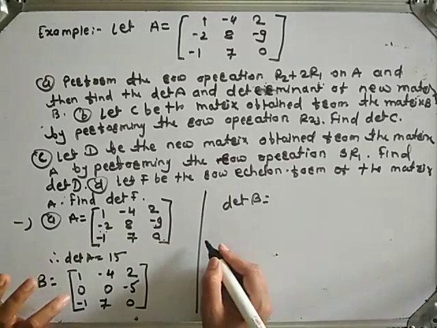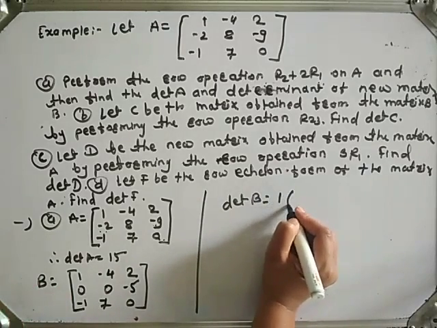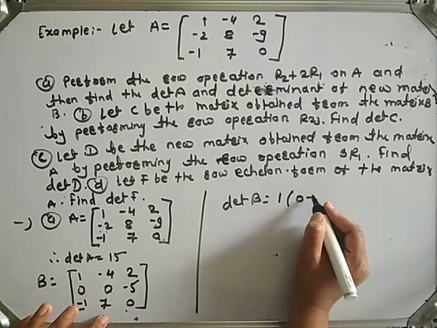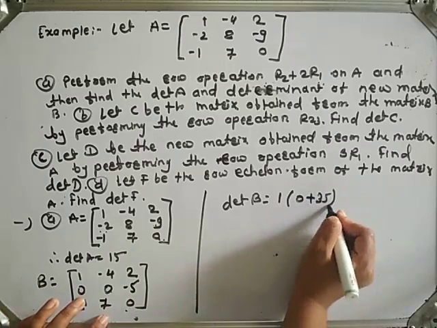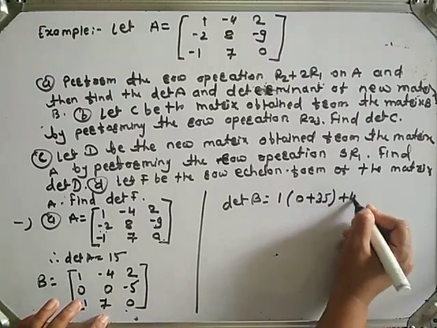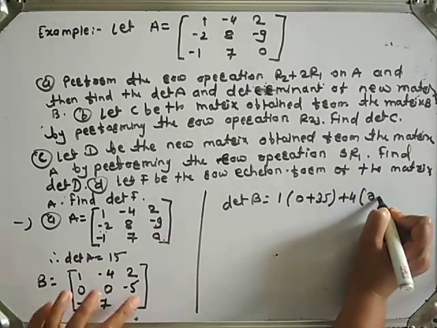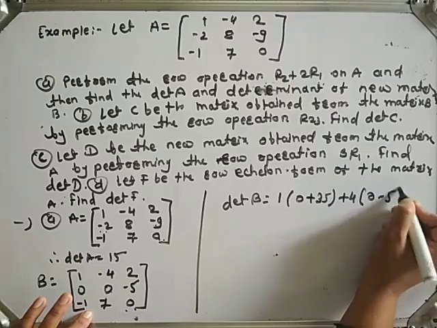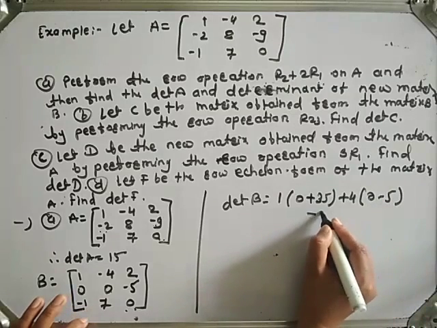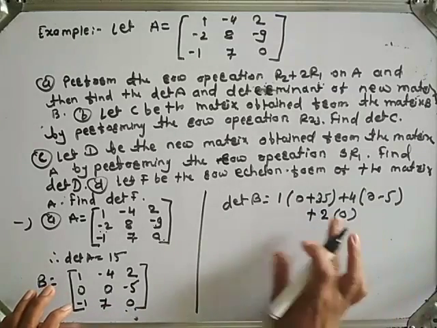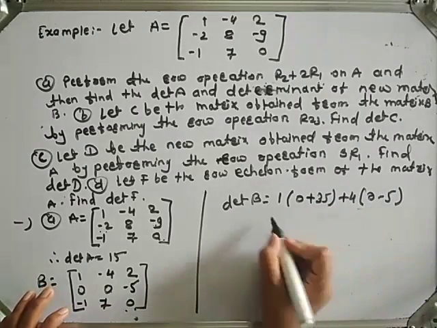Determinant of B is equals to 1 into, this is 0 minus 35, here is plus 35, minus become plus 4 into 0, this is plus 5 minus 5 minus, here is plus 2 into, it is 0, so no need to write down.